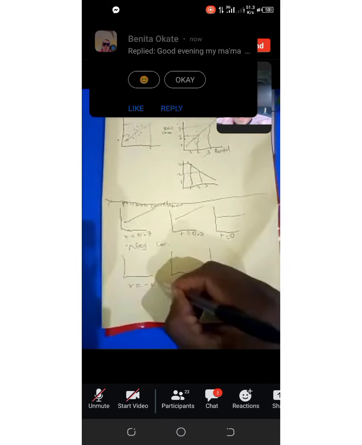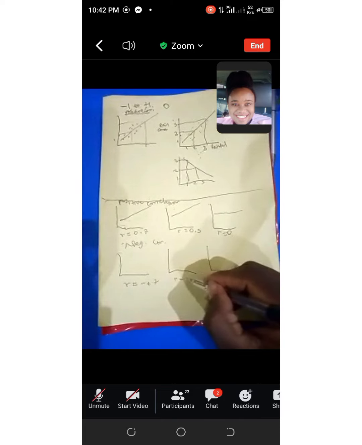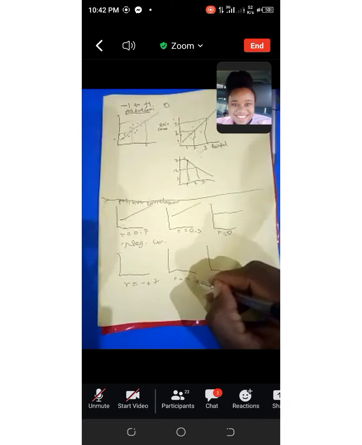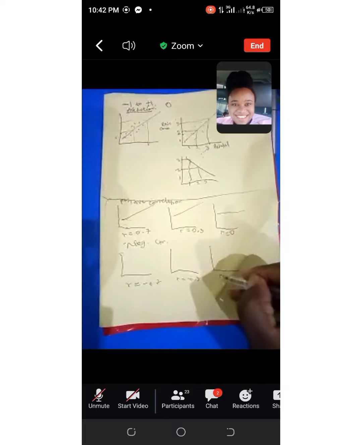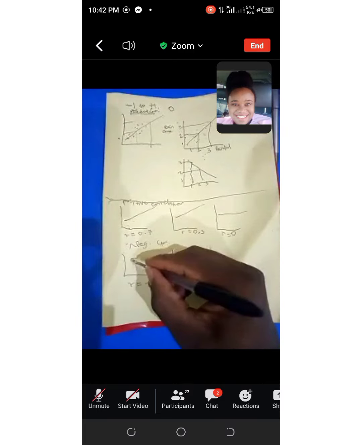Then here R is equal to minus 0.3. Then here R is equal to 0. So the plot can look like this.